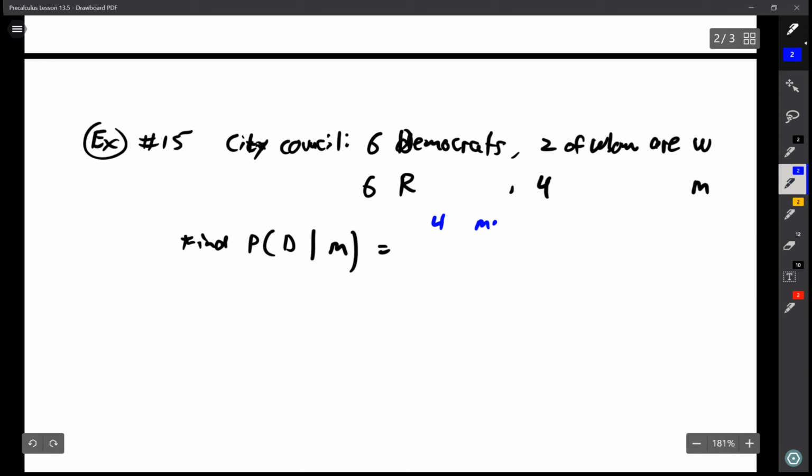These are the male Democrats. Out of the total size of the group, which is 12 people, and we're going to divide that by, let's say, total group.